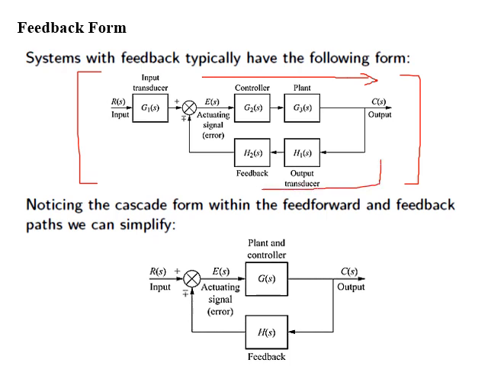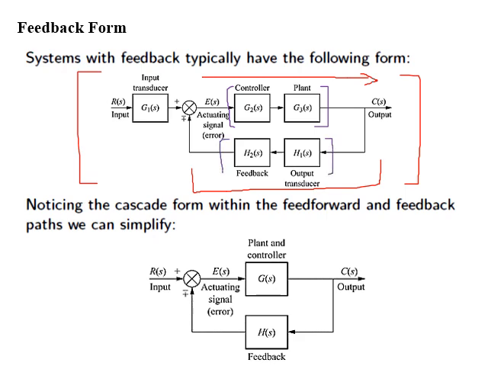And if you look at the feedback path, in this feedback system the transfer function G2 of S and the output transducer with transfer function G1 of S are connected in series. So here we can use the cascade form relation to find the equivalent transfer function for both feedback path and forward path.